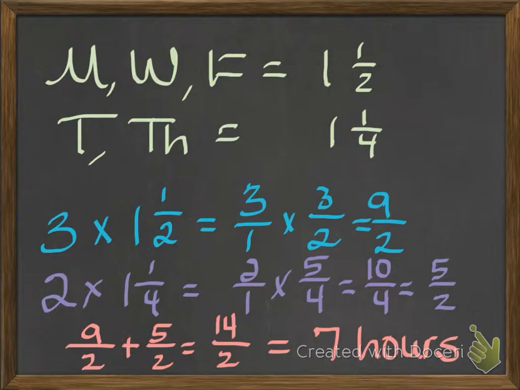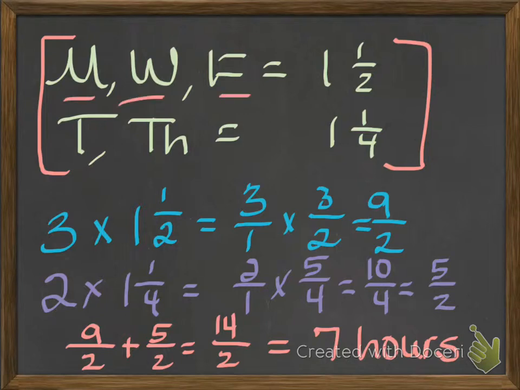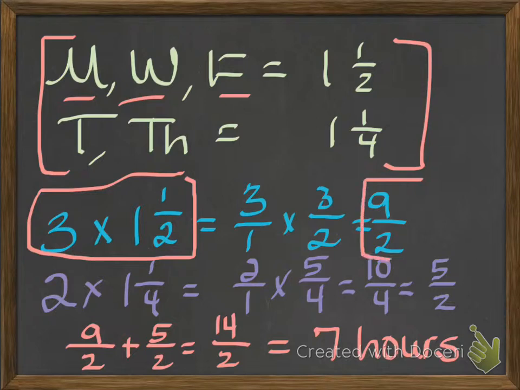So you can see I wrote out Monday, Wednesday, Friday equals 1.5 hours, and then Tuesday, Thursday is 1 1/4 hours. So I've got 1, 2, 3 days here to multiply times 1.5, and that's what I did in this section right here. 3 times 1.5, and I end up getting 9 halves. And I didn't change that back to a mixed number because I know I want to add my fractions together when I'm done, so I kept them as improper fractions.